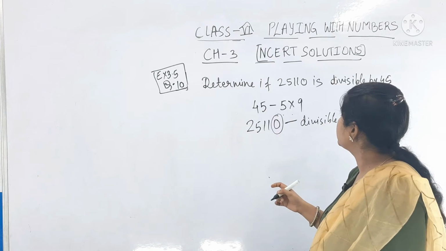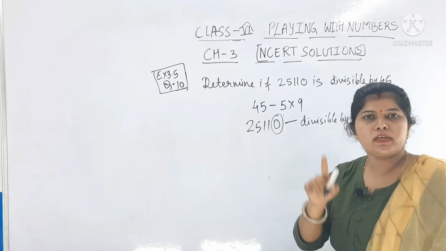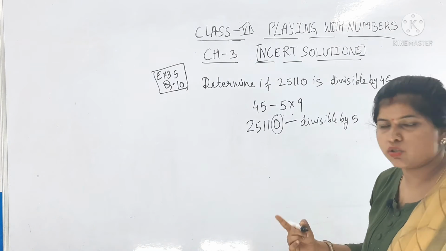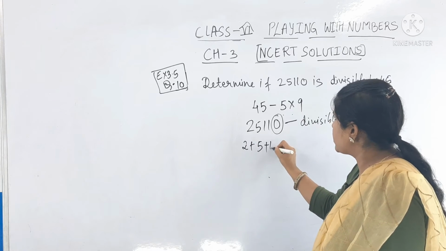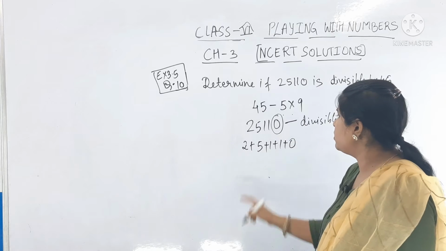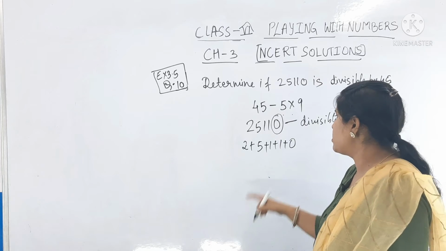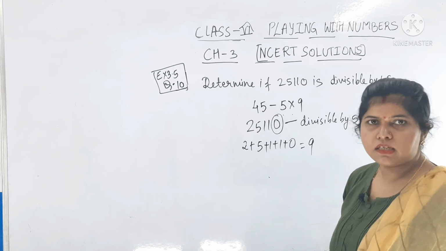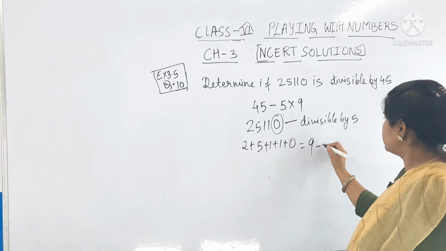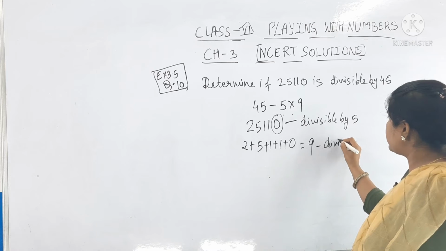And we know that for checking the divisibility by 9 we have to sum the digits: 2 plus 5 plus 1 plus 1 plus 0. Here 5 plus 2 is 7, 8, 9. So I am getting 9 as the answer. So it is definitely divisible by 9.